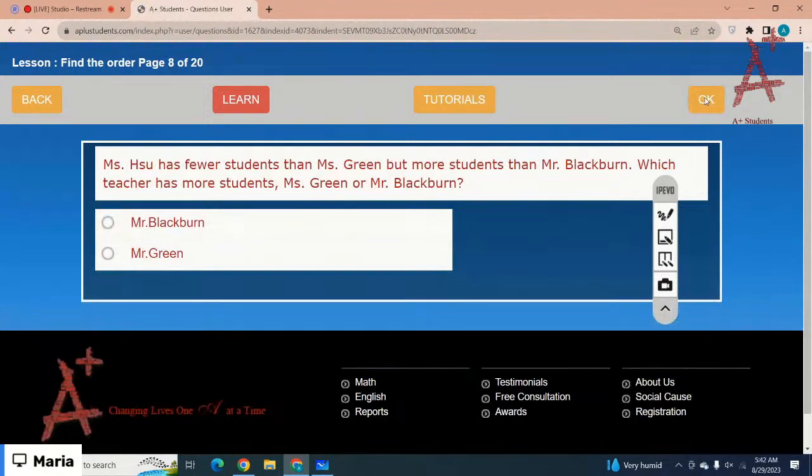Okay, Miss Hasu has fewer students than Miss Green, but more students than Mr. Blackburn. Which teacher has more students? Miss Green or Mr. Blackburn? Which is the correct option? Miss Hasu has fewer than Miss Green, but more students than Mr. Blackburn.